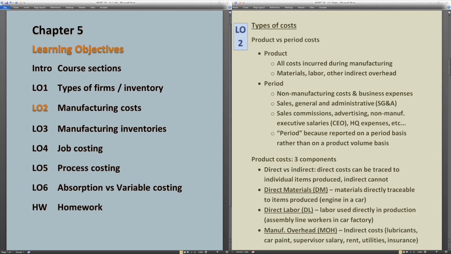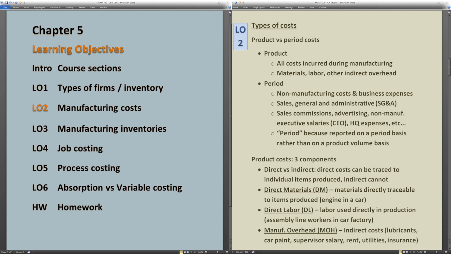In other words, we can't really trace the rent to each individual car because it's more of over a period of time. There can be indirect costs for materials as well. So just be aware that not only is there indirect labor, there are indirect materials. So for, say, lubricants or maybe car paint, when we paint all these cars, we may not track exactly the volume of paint that we put on each car.